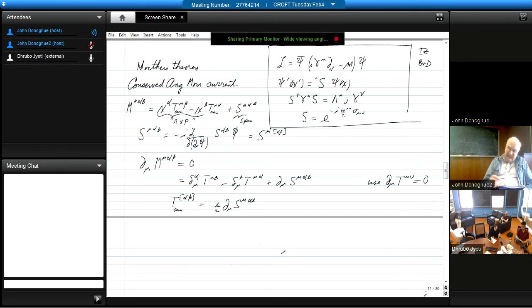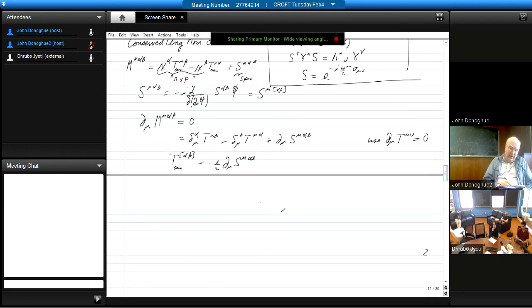This then leads to yet another construction, which is constructing the symmetric one. This goes by the name Belinfante. Basically, constructing the symmetric energy momentum tensor.